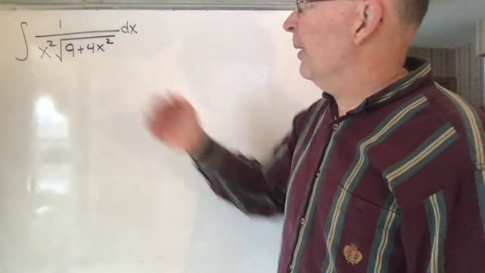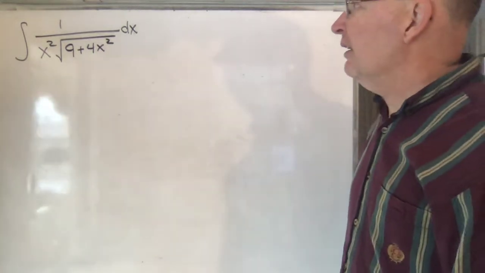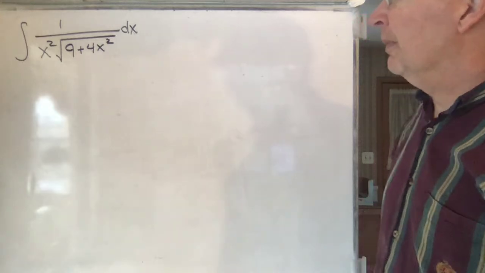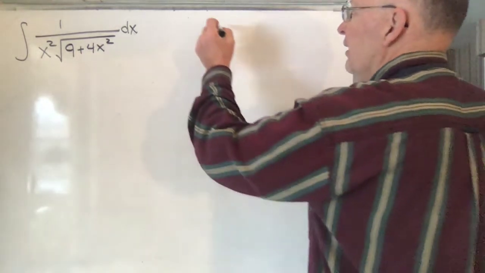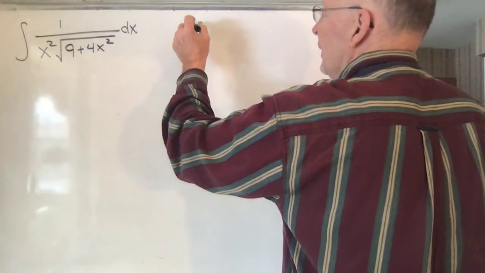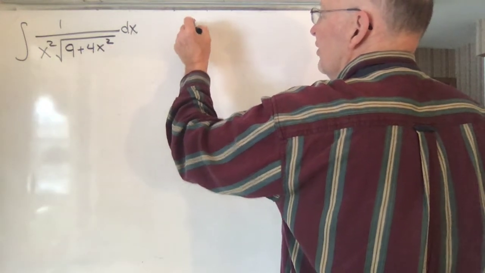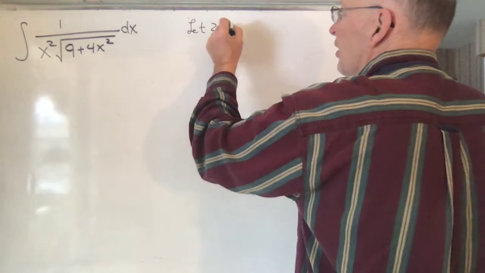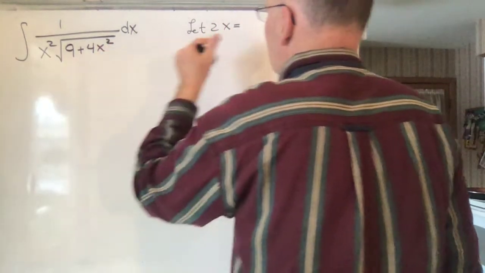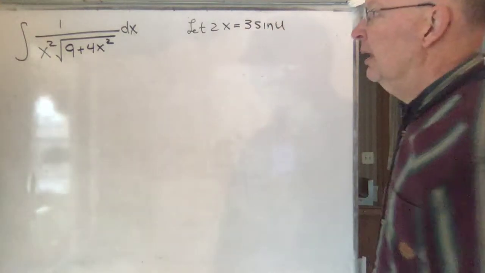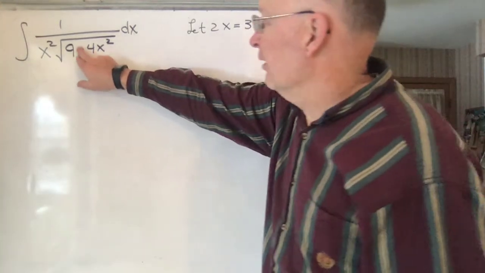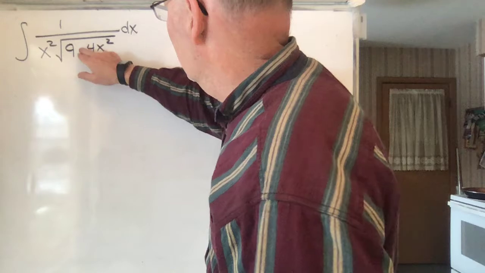The thing to notice about this one is that it's very different from the previous one. If I had a minus there, then I'd be able to say, let 2x be equal to 3 sine of u.